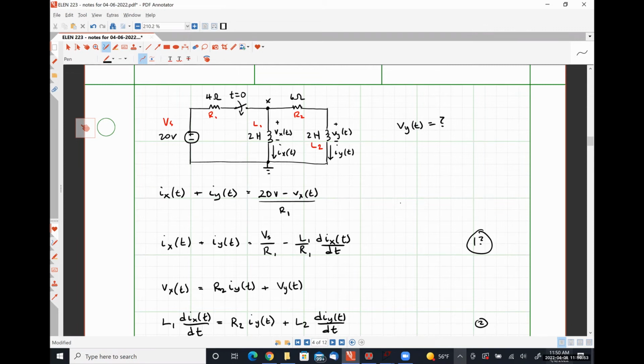The short answer is yes, we could have done that, but would it have been any more efficient? I don't believe so. Let me explain why. Applying KVL around this loop would have incorporated the current that's flowing through the 4-ohm resistor, right? Because we would have had to take into account the voltage drop across the 4-ohm resistor, which is still dependent on that quantity Vx.